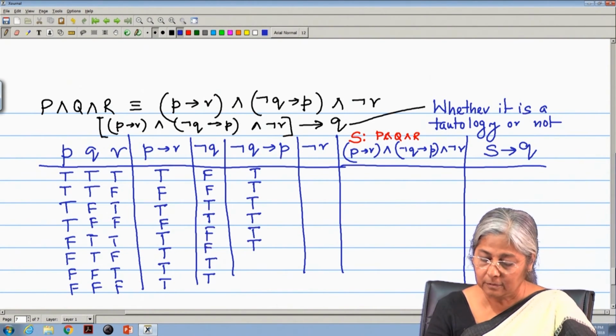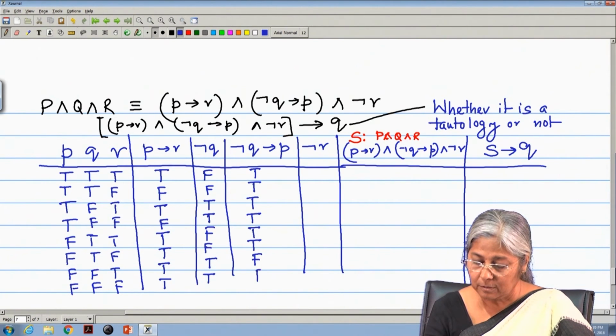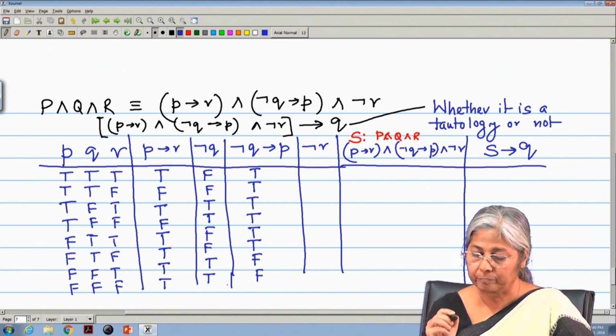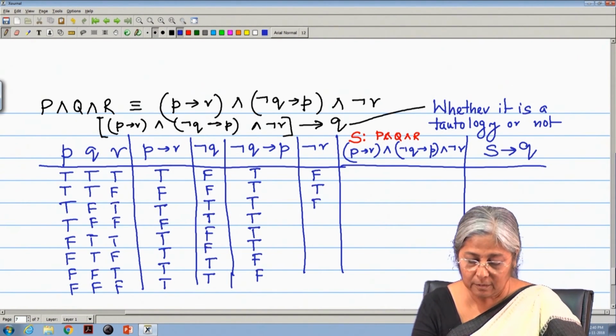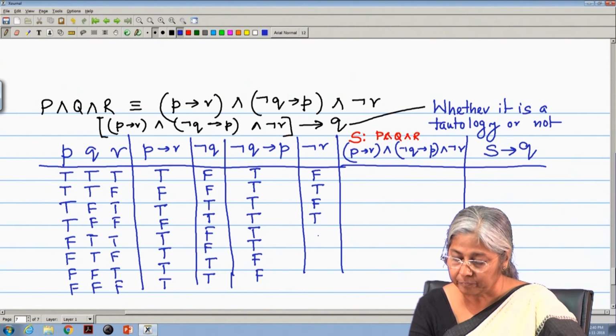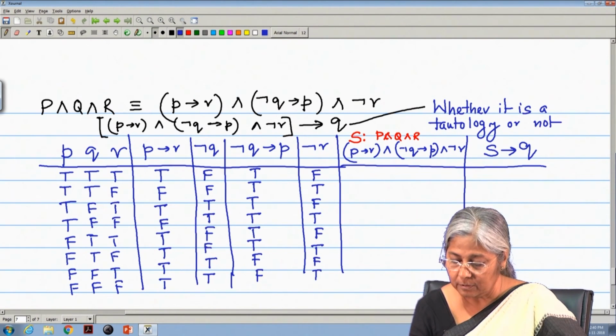What is negation R? Negation R is F, T, F, T, F, T, F, T.